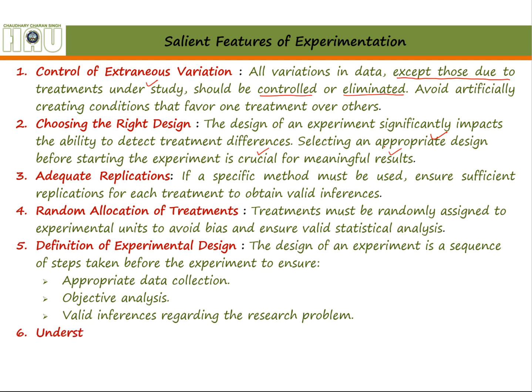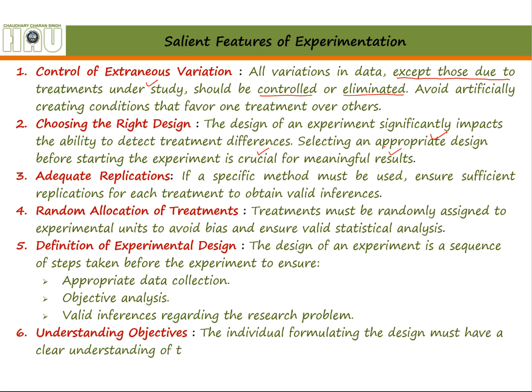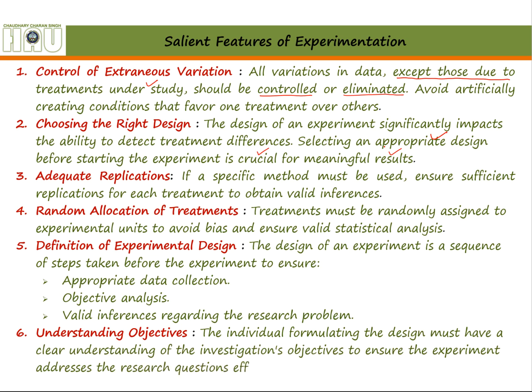And number 6 is understanding objectives. The individual formulating the design must have a clear understanding of the objective which you want to achieve in order to ensure the experiment addresses the research question effectively. So the objective is very important.